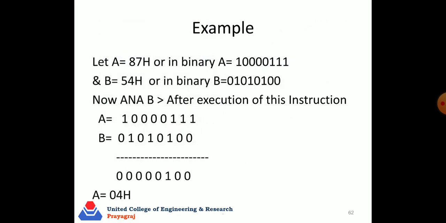Here we have an example. Let's suppose in the accumulator we have 87 and in B we have 54.